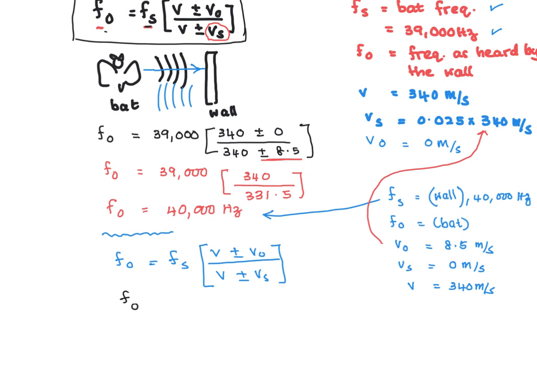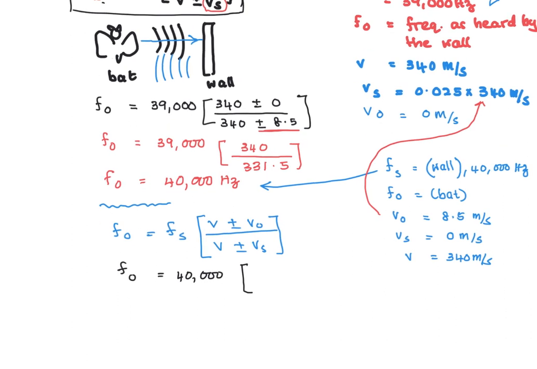So F observer, now observer is the bat and the source is the wall and it is emitting 40,000. This is the frequency that we found in the first part as the observed frequency, 40,000. But in the second part, since it is reflecting the sound, we take it as the source frequency. And then V is 340 and the observer is now moving at a speed of 8.5 meter per second.